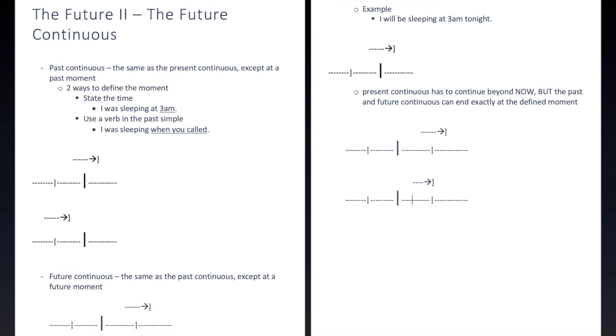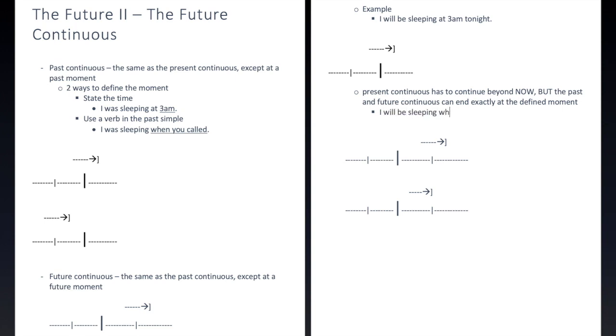But with the past continuous and now with the future continuous, this ending can be right exactly at the defined moment. So you could say, for example, I will be sleeping when you call and wake me up.